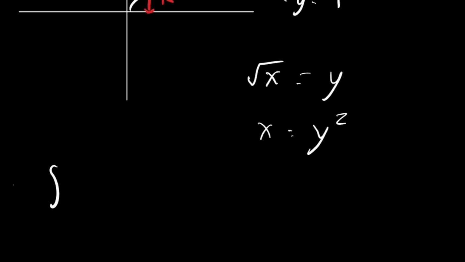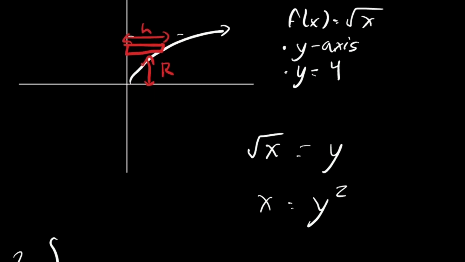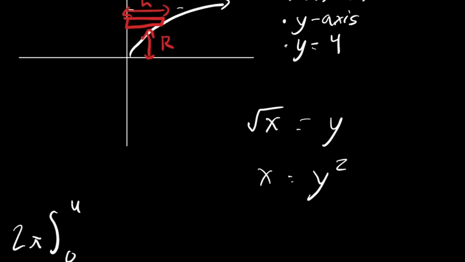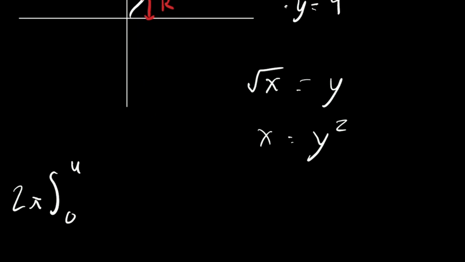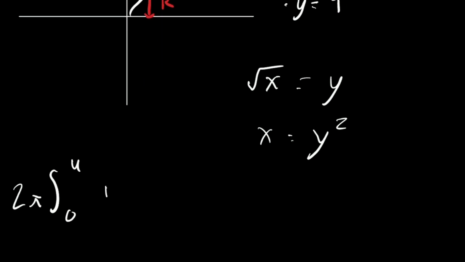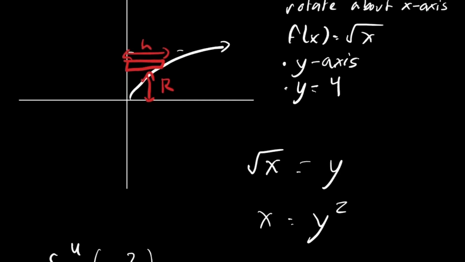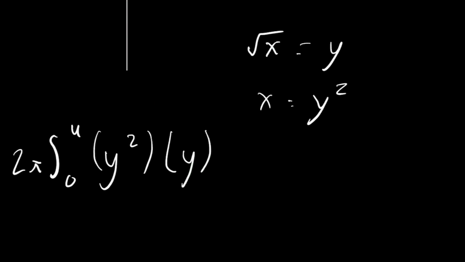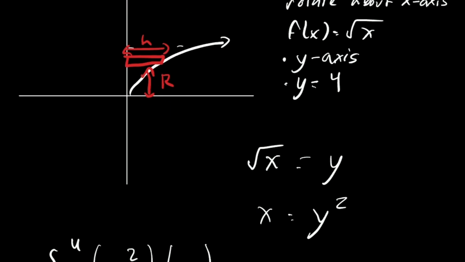So we're integrating 2 pi times the integral from 0 to 4, because we're given y equals 4, of y squared times r of y, which is simply just y, because it's just measuring how far along we are up.